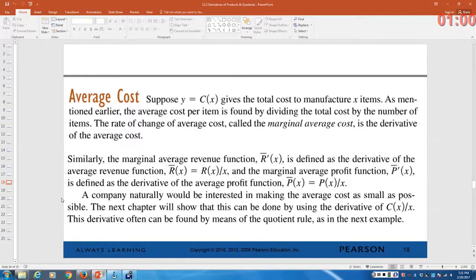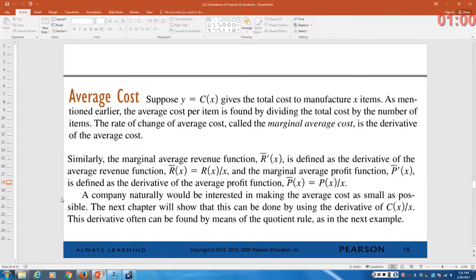So when we do cost functions, you need to find average cost, then you divide the cost function by X, which is, of course, a product. Or, I'm sorry, a quotient, not a product.